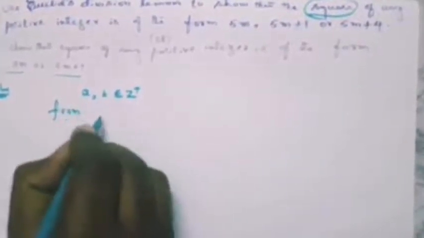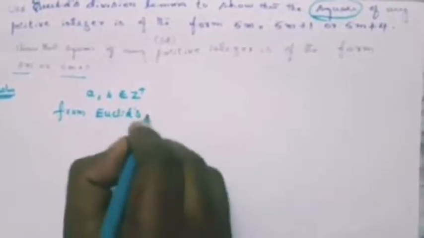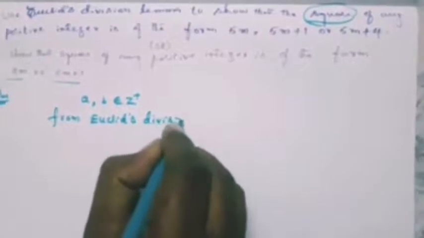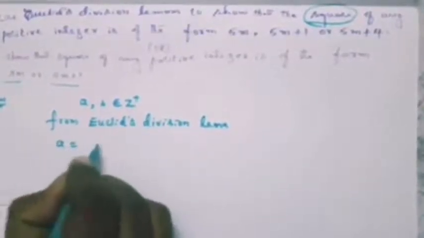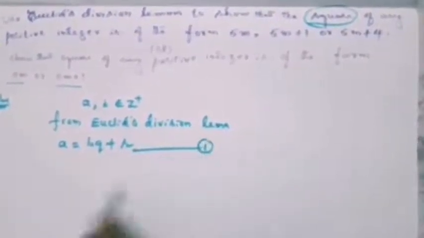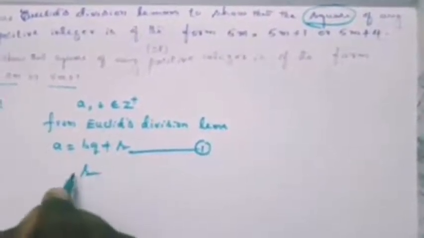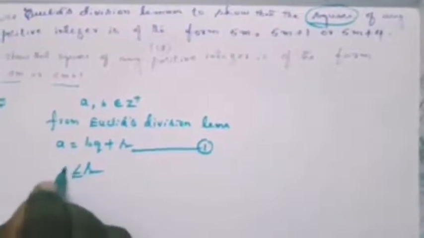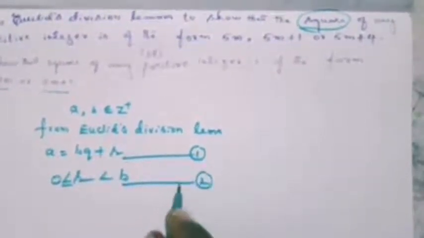From Euclid's division lemma, a equals bq plus r, equation number 1. And the remainder is always greater than or equal to 0 but less than the divisor, equation number 2.